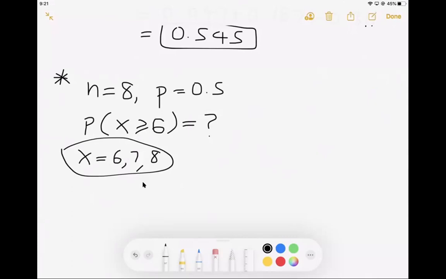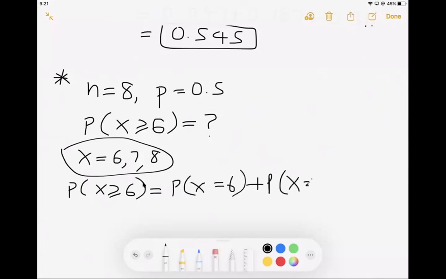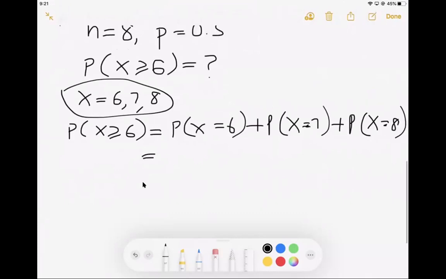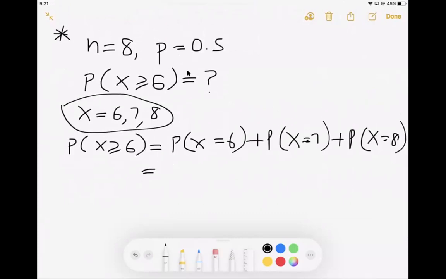Now we have 3 parts. We can write it separately: X equals 6 plus X equals 7 plus X equals 8. Now we have n as 8, p as 0.5, and x is 6 or 7 or 8.